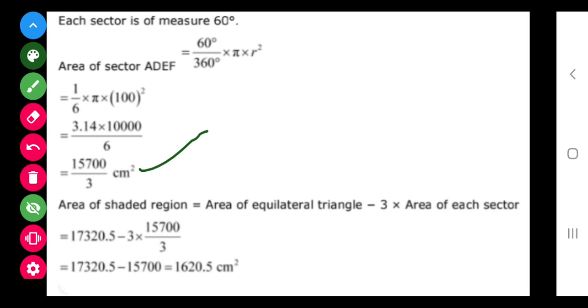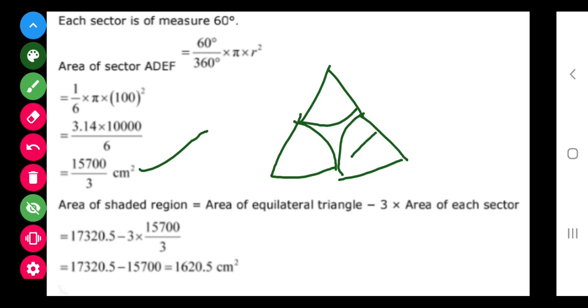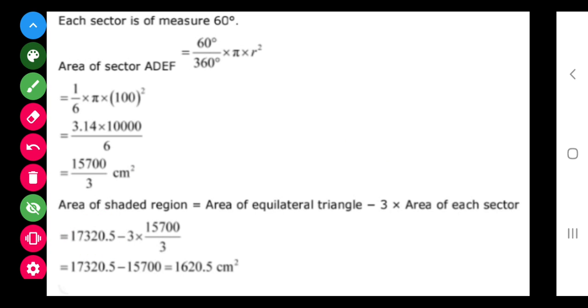But this is the area of one sector, and there are 3 sectors. So all these sectors we have to remove from the area of the equilateral triangle. So finally, equilateral triangle minus 3 into the area of each sector, and we have got this solution.